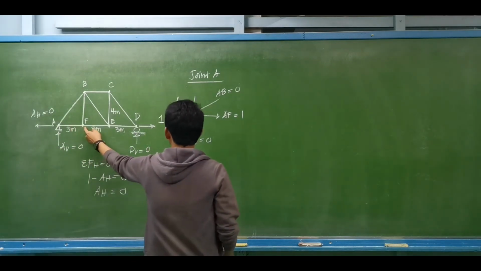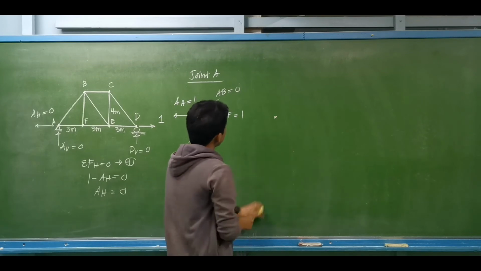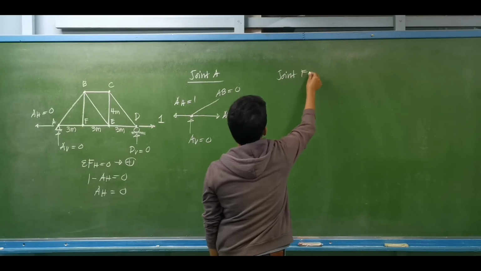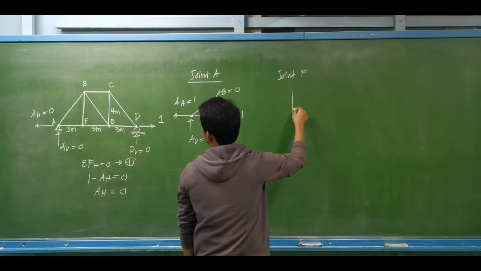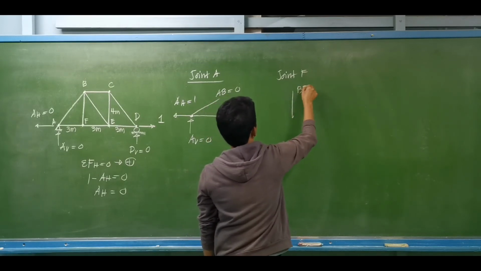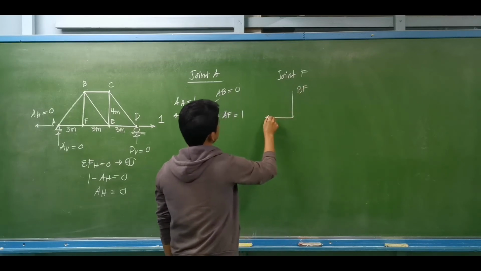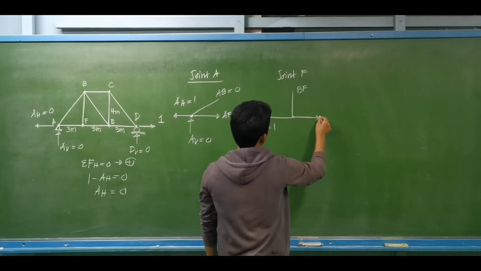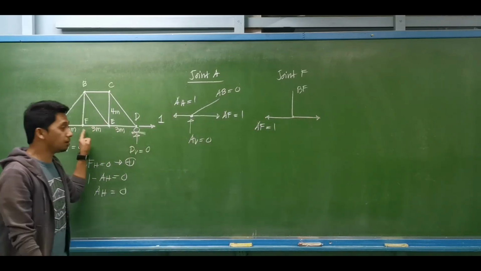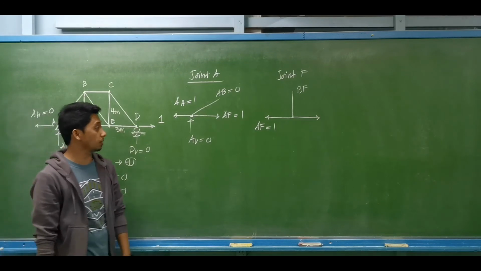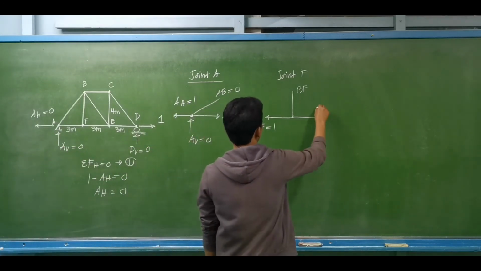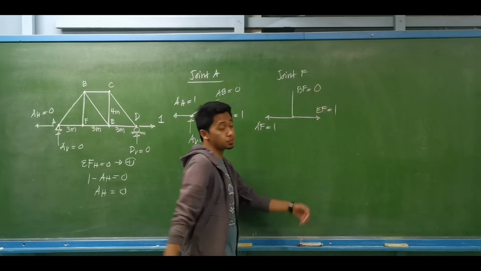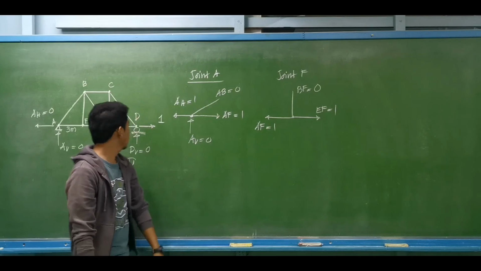Then again, at joint F, we don't have a vertical load. We have only an axial force. F is equal to 1. So it only means that the axial force for member EF is equal to 1, and BF is equal to 0 since we don't have a vertical load.